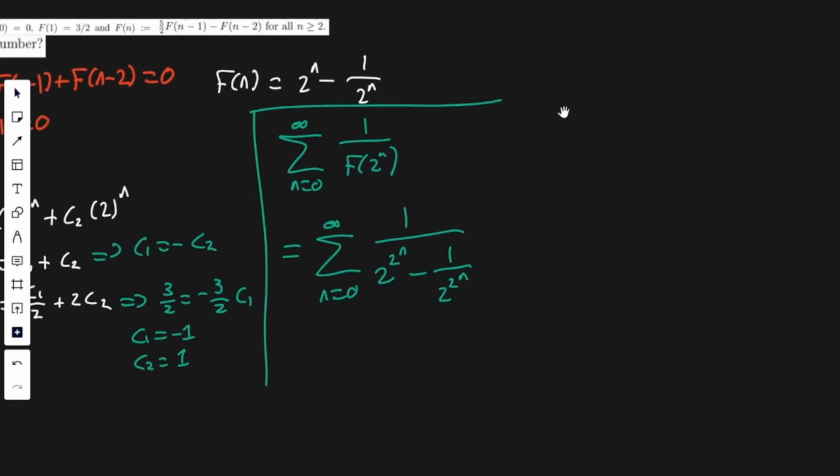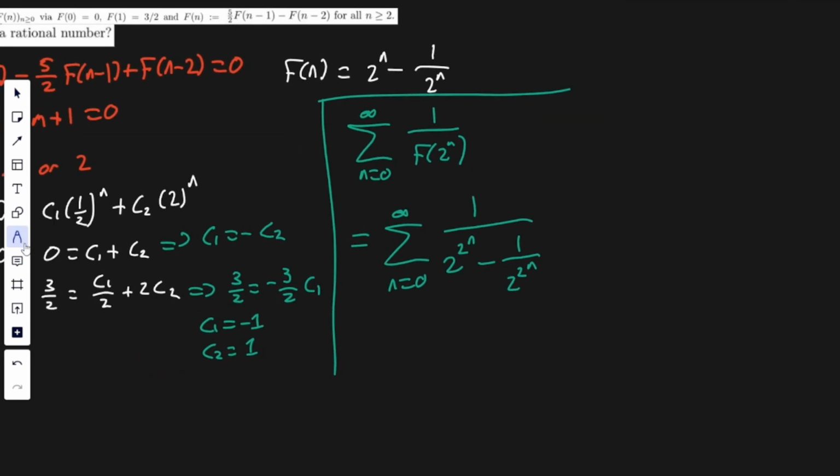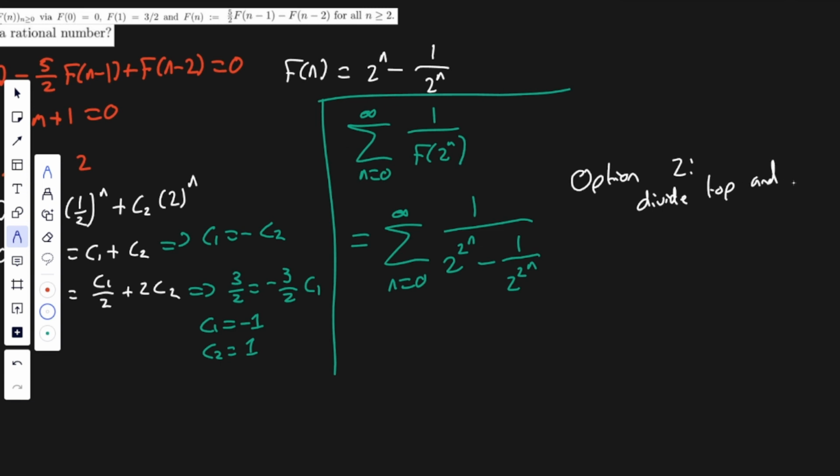Now there are two options you can do, and I'll leave the second option as an exercise. So option 2, what you can do is divide top and bottom by 2 to the 2n, or well, minus here.